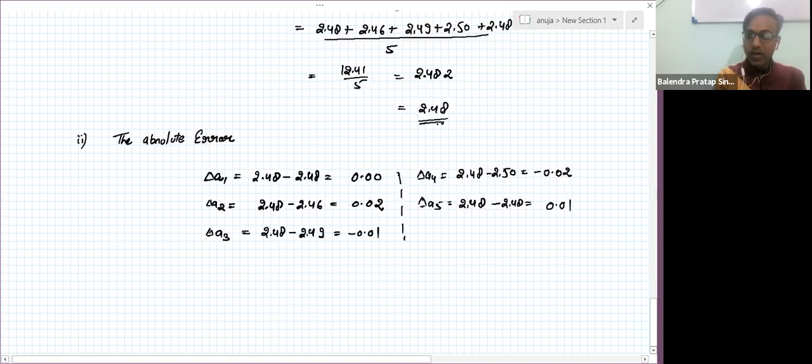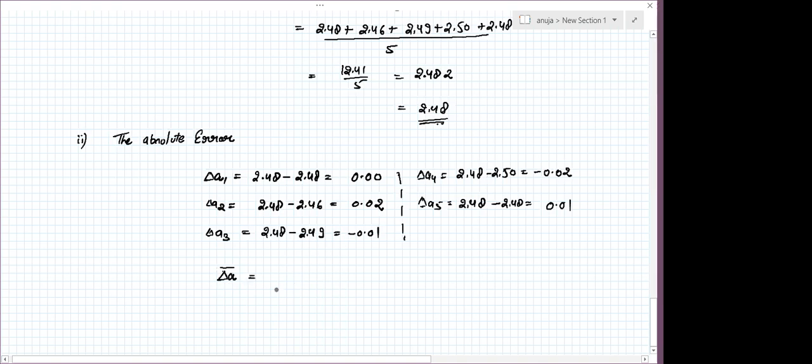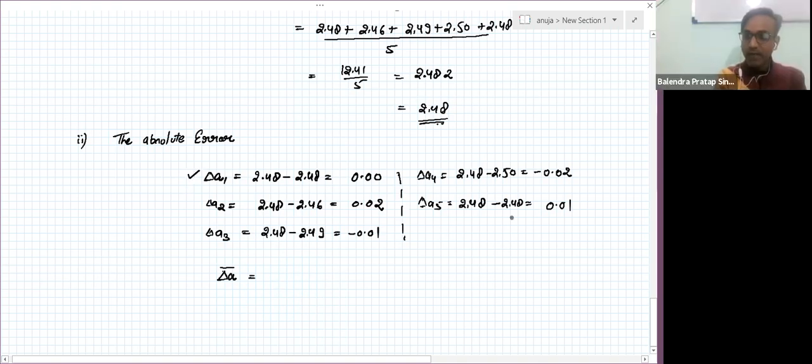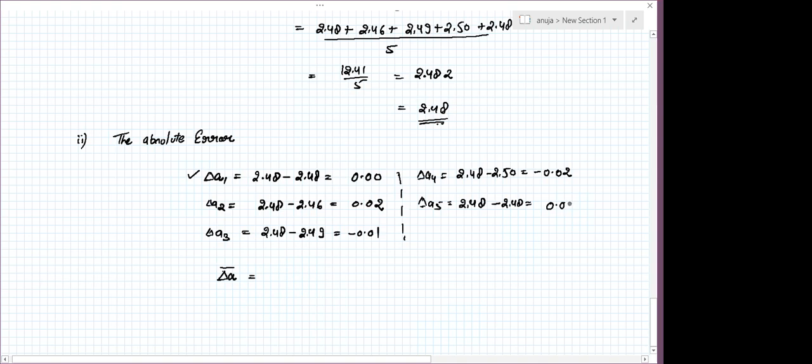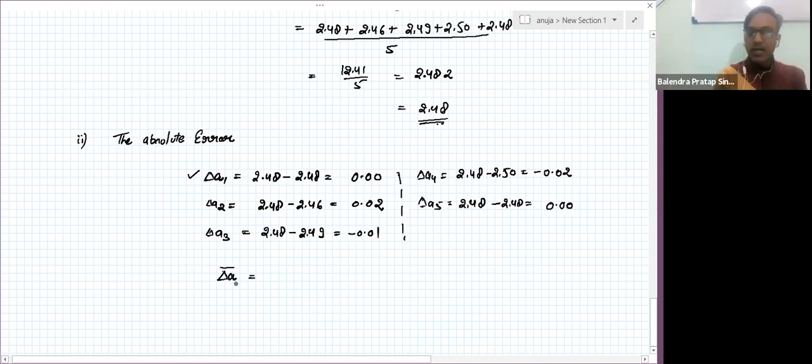So here you can apply the formula for finding the mean absolute error. Delta A bar, also called delta A mean, is found by taking the average of all these absolute errors. Sir, delta A5 will be 0.00, right? Yes, that's correct.